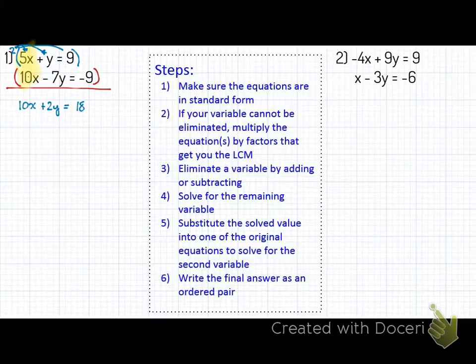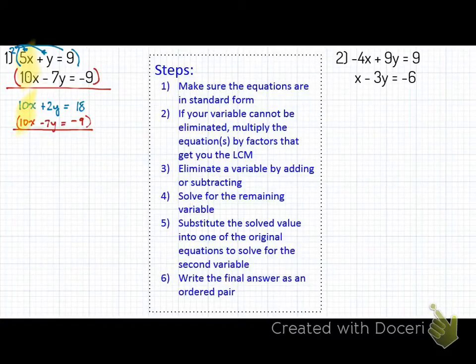So check this out. I'm going to take this second equation and bring it down. I have 10x minus 7y is equal to -9. What I'm going to do is draw a line and put some parentheses around it. And I'm thinking, how do I get rid of these 10x's?